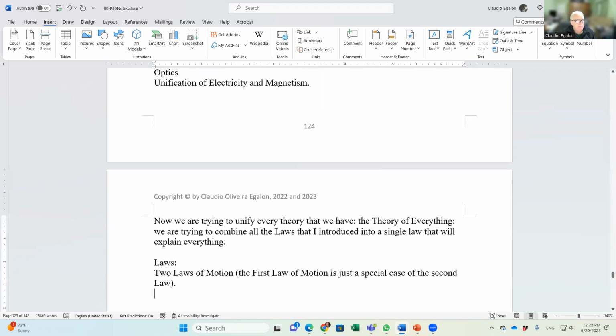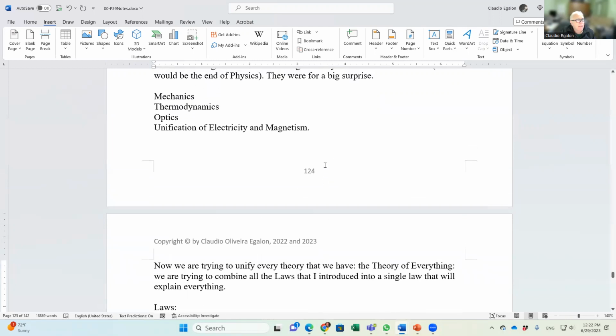Okay? In mechanics, we have the 2 laws of motion plus the law of gravity, the gravitational law. That's what we have in mechanics.